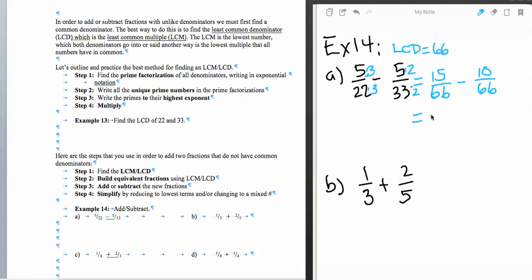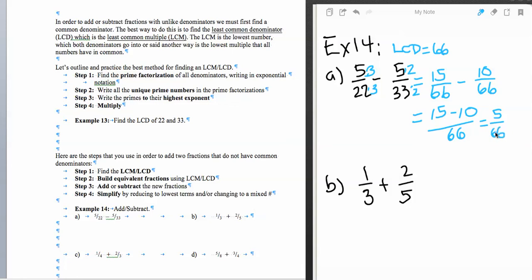So I simply add or subtract the numerators. My numerators, 15 and 10, are going to be subtracted. So 15 minus 10 over my common denominator, 66. And finally, 15 minus 10 is 5, and that's 5/66.